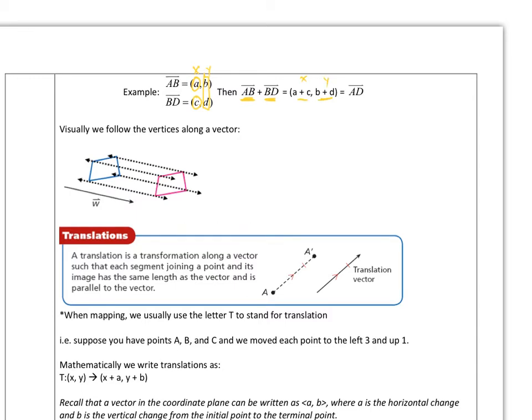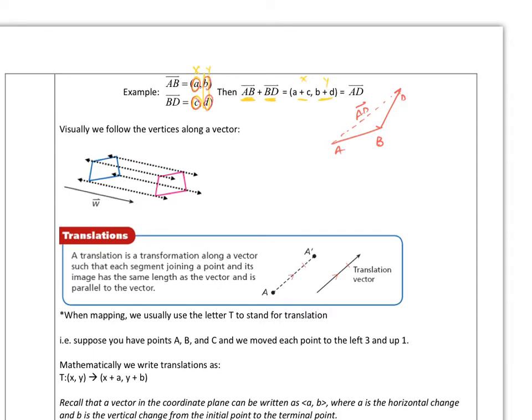That would be the resultant vector from A to D. So let me draw this out for you. If you had vector AB and vector BD, this would be the resultant vector AD, and you just add the x components and the y parts.